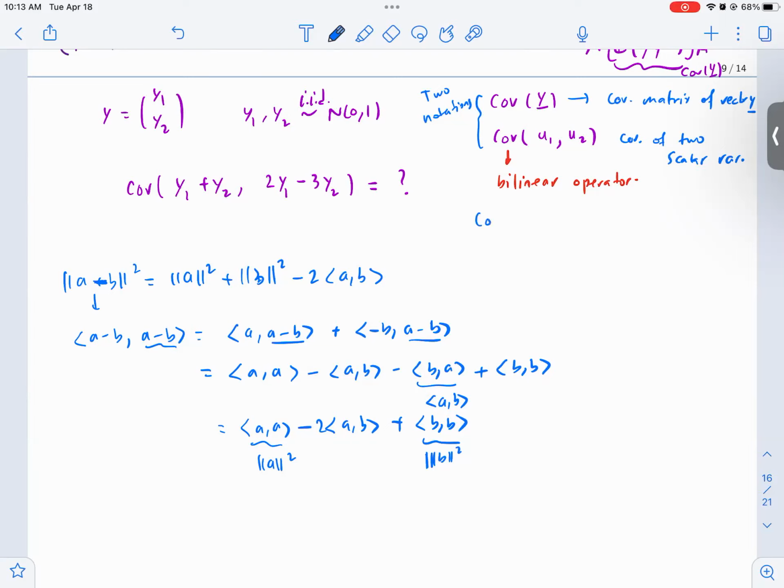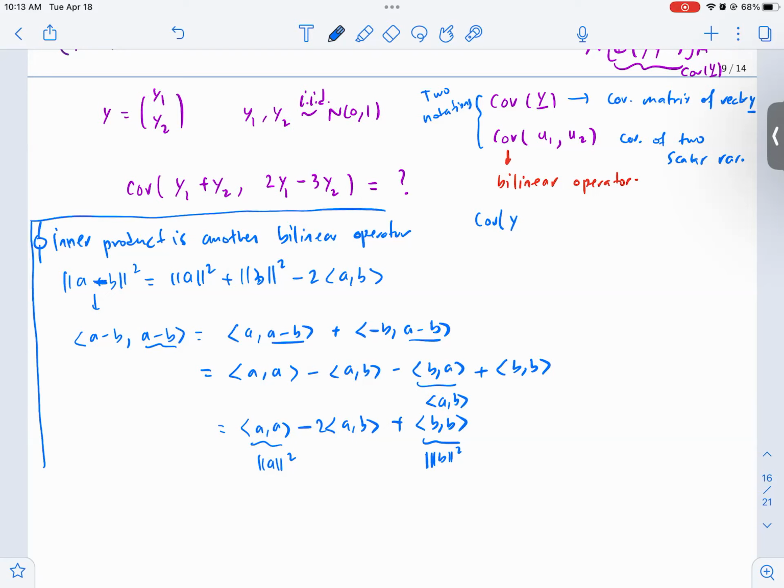Covariance is another bilinear operator, just like the inner product. Just a detour: the covariance of u1 plus u2 and u3 would be the covariance of u1 u3 plus the covariance of u2 u3.